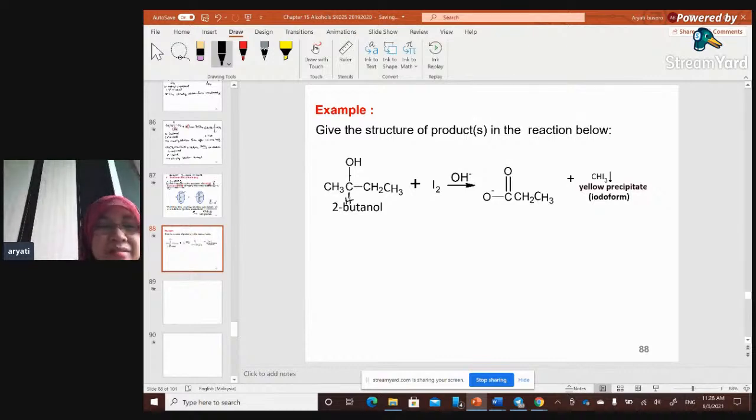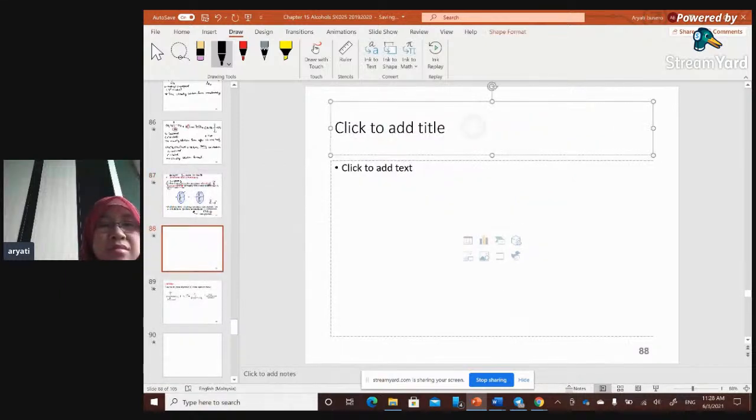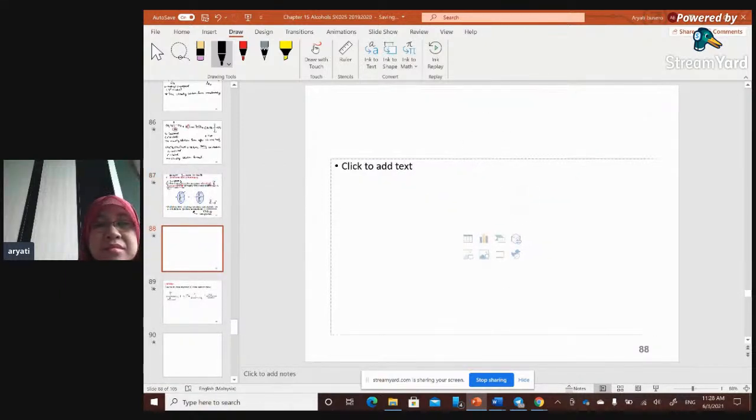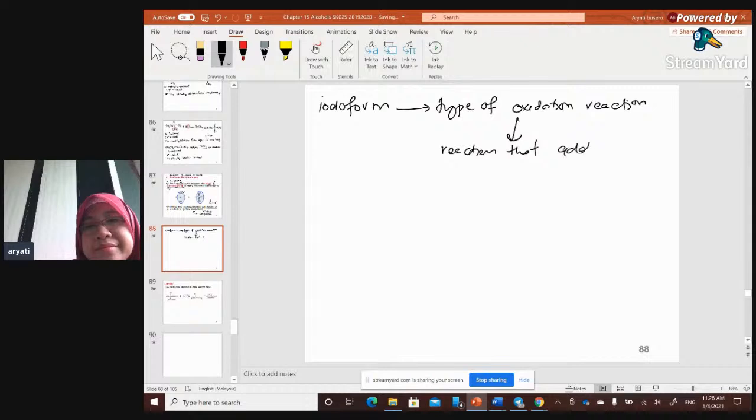So actually, as I mentioned before, iodoform is a type of oxidation reaction. Kalau oxidation reaction, dia mesti reaction that add oxygen and remove H2O.